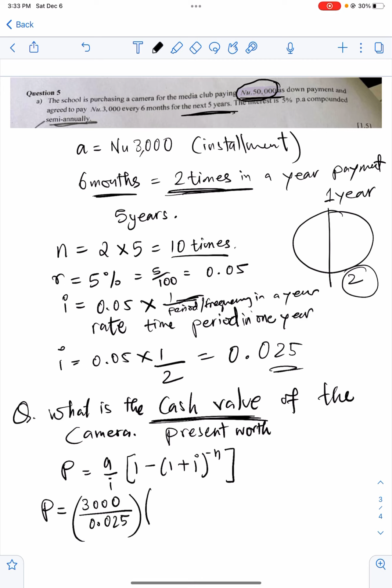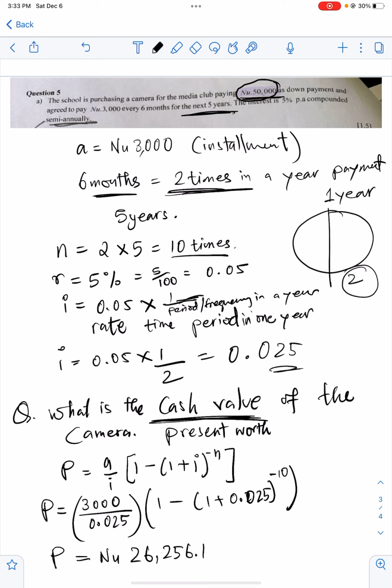Then you have 1 minus 1 plus 0.025 raised to negative 10. Then bracket close. So try to find it in the calculator. So it is Niltram 26,256.19. So this is the amount that you're paying by installment.